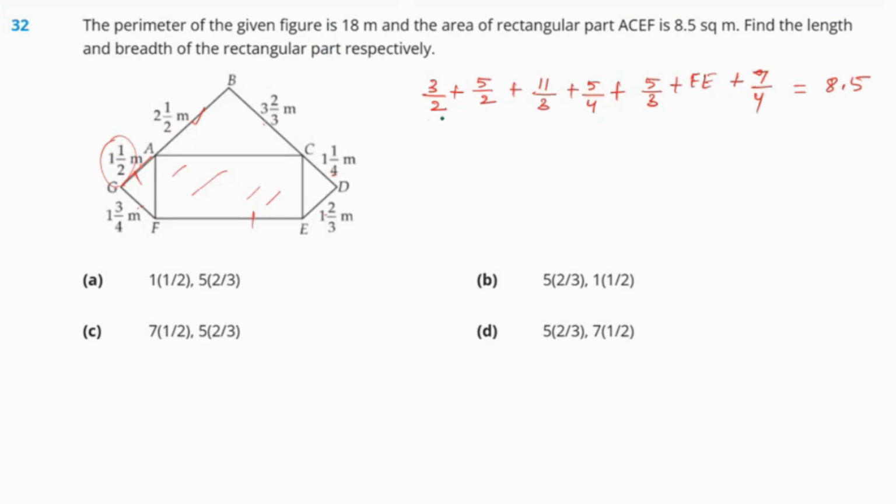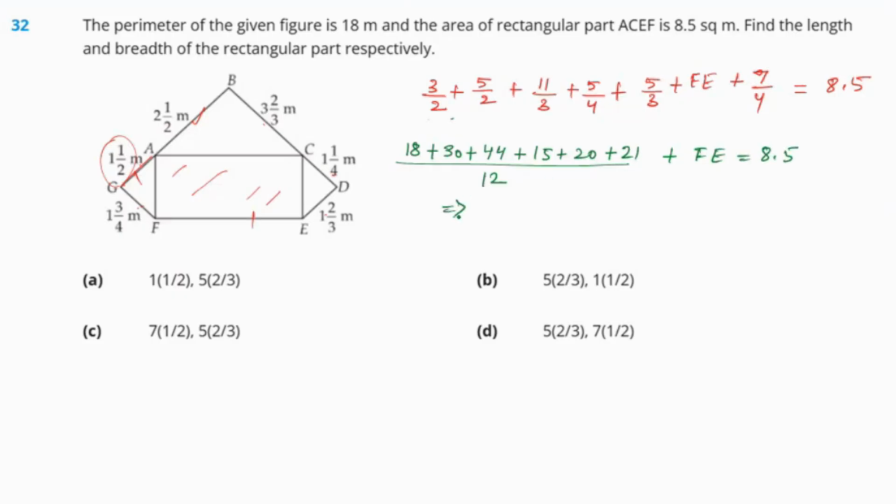Now when we are solving this, the LCM of 2, 3, 4 we will get as 12 only. So now we get 6 3s are 18, 6 5s are 30, 4 11s are 44, 3 5s are 15, 4 5s are 20, 7 3s are 21, plus FE equals 8.5.